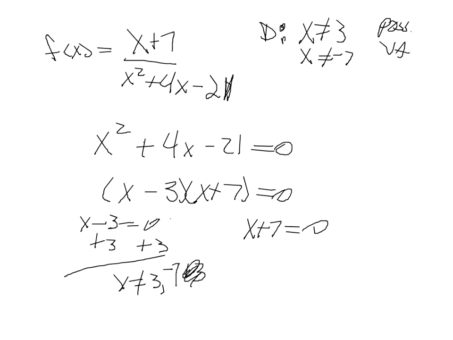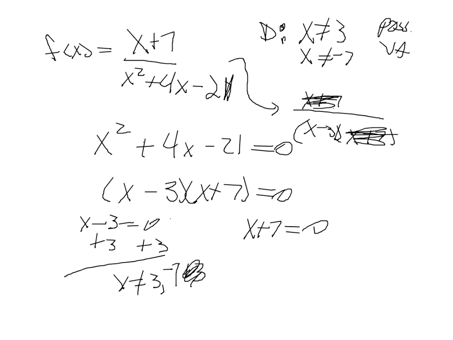To find out which ones are vertical asymptotes and which ones are holes, I have to simplify the rational function. So I get x plus 7 divided by x minus 3 times x plus 7, so that plus 7's cancel, which means that the remaining factor here, x minus 3, corresponds with a vertical asymptote, and the value that was canceled corresponds to a hole.